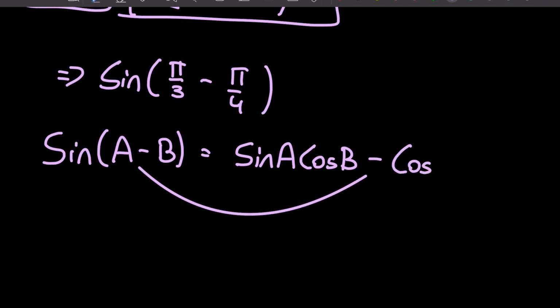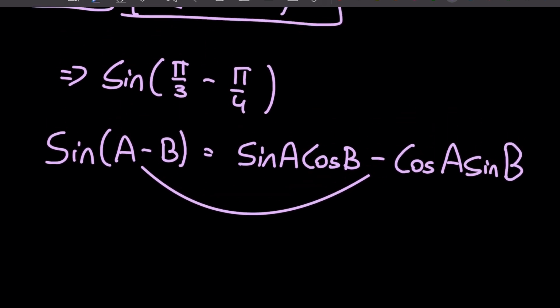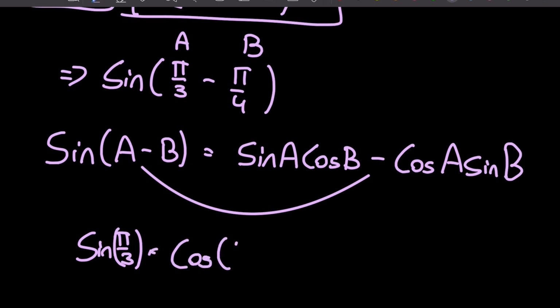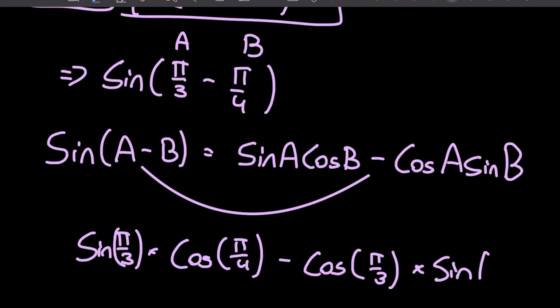In this case, we'll say the first one's A and the second one's B, so we'll have sine of pi over 3 times cos of pi over 4 minus cos of pi over 3 times sine of pi over 4.